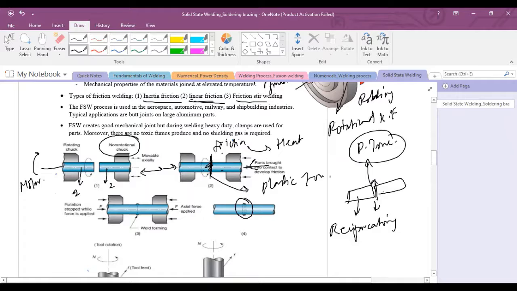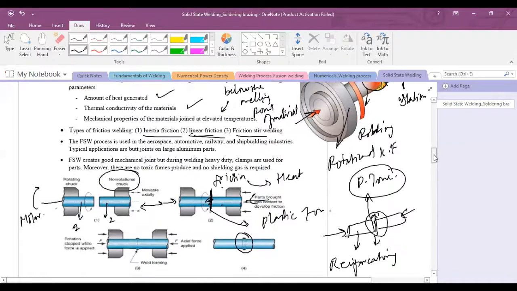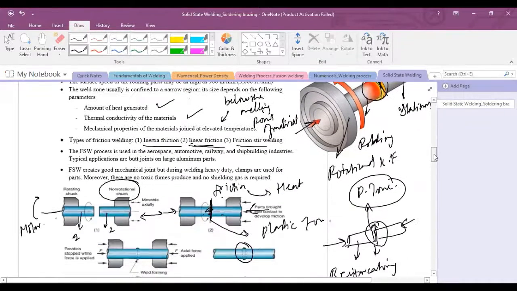Plastic zone means the surfaces of both the base metals will become soft, and force will apply at both the ends. Due to this force, mechanical pressure will generate, and this pressure will complete the formation of the weld joint. This joint has very good mechanical properties. Normally, in Airbus or Boeing, actuator shafts are welded with the help of linear friction welding.